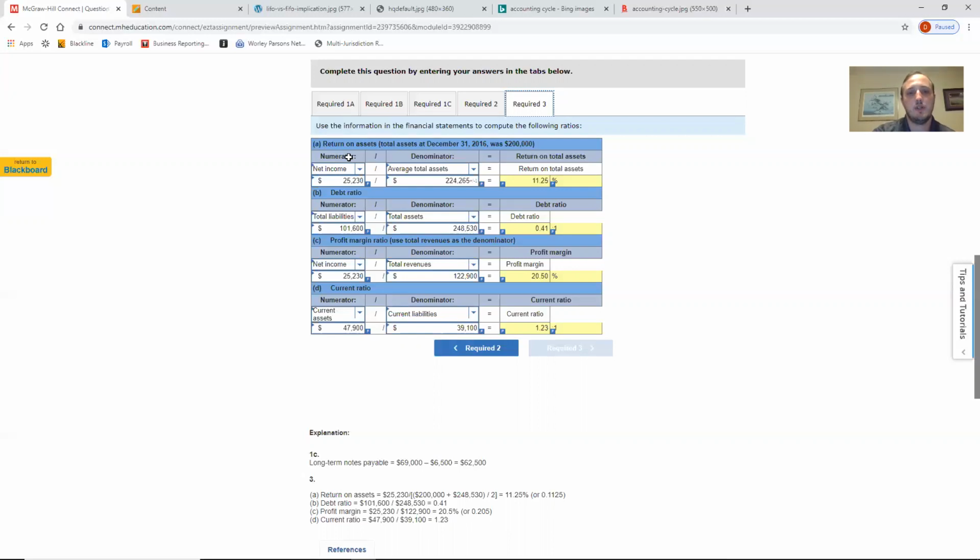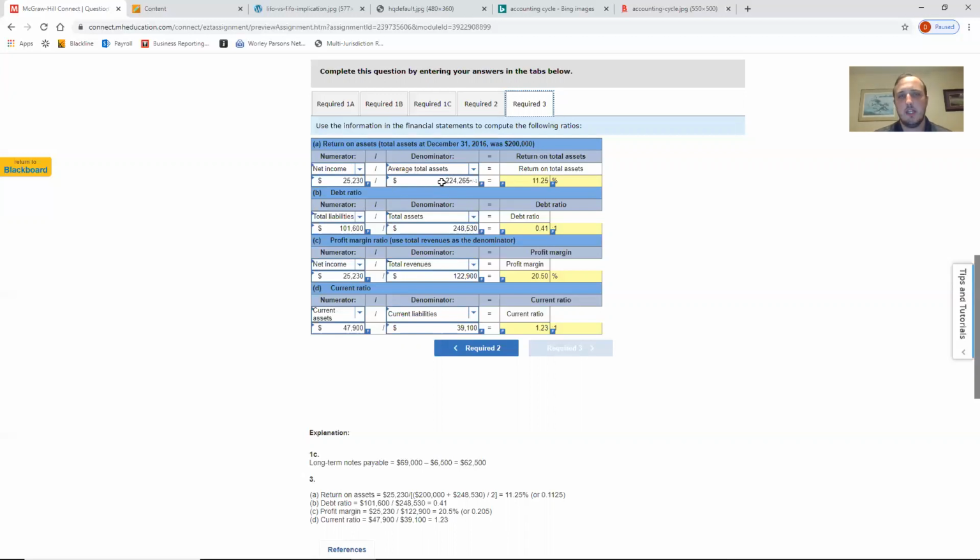So the return the company is making is going to be that net income, because remember, that's the amount that gets added to the capital. And then we're just going to divide that by the average total assets. The key here to note is the average, because we need to match up a period of time account to an asset, which is an ending balance account.